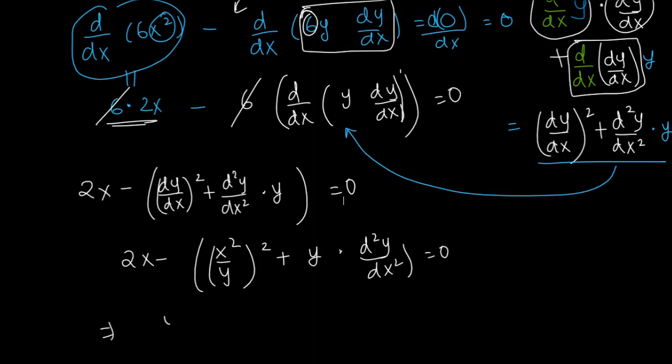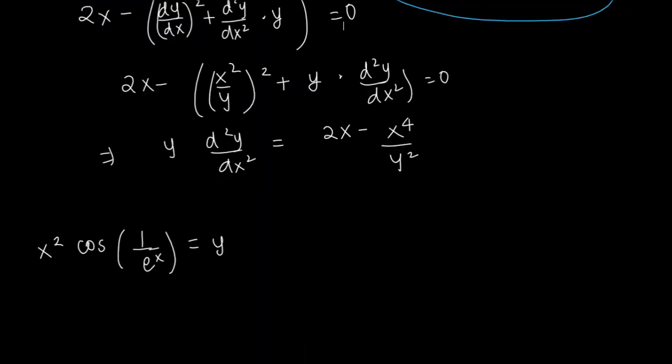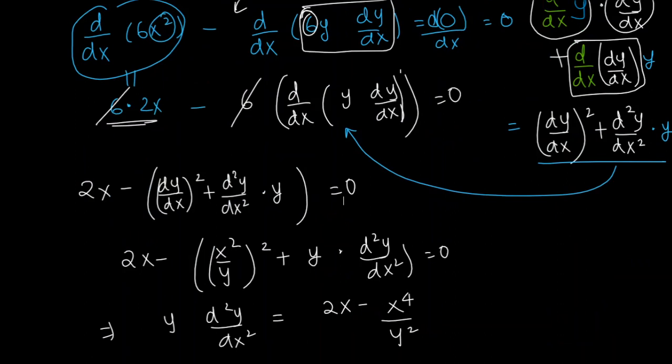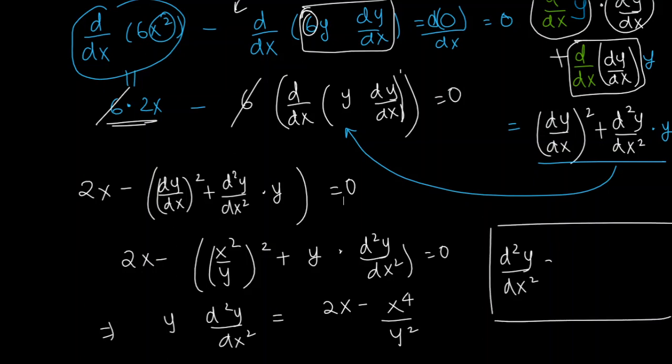Again, a bit of algebra will yield you y times d squared y over dx squared is equal to 2x minus x to the power of 4 over y squared. So I guess I overextended the things. But anyways, with some algebra, this just gives you 2x over y minus x to the power of 4 over y cubed.